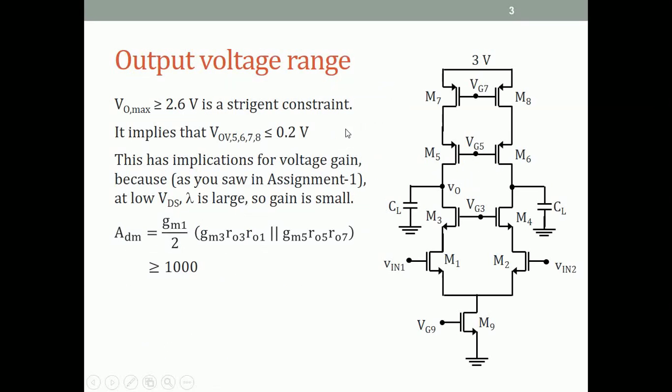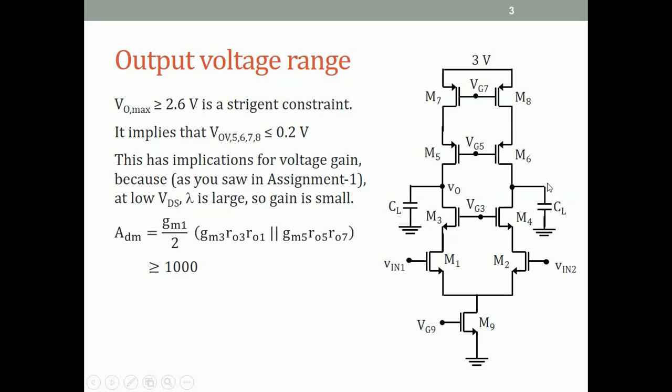Now this is a very unique design because of the constraint of the VO max being 2.6 volts. It is stringent because it allows for only 0.4 volts across the top two transistors in the stack, and because this voltage allowed is small, it will affect the voltage gain.